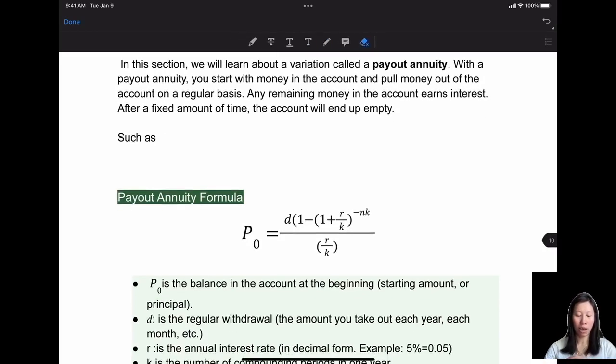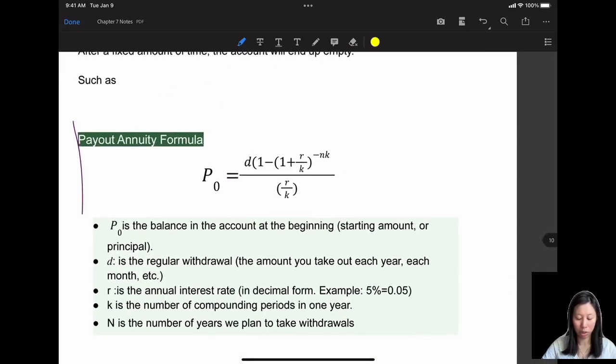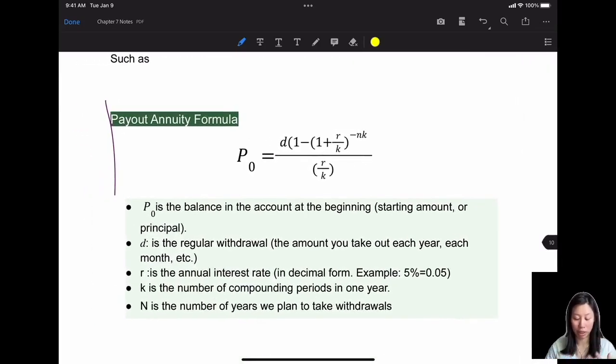So the payout annuity formula is this one. Again, you don't need to memorize it. I will be giving it to you on the quizzes. P sub 0 is the amount at the beginning, the starting amount or the principal. That means how much money do you have at the beginning?